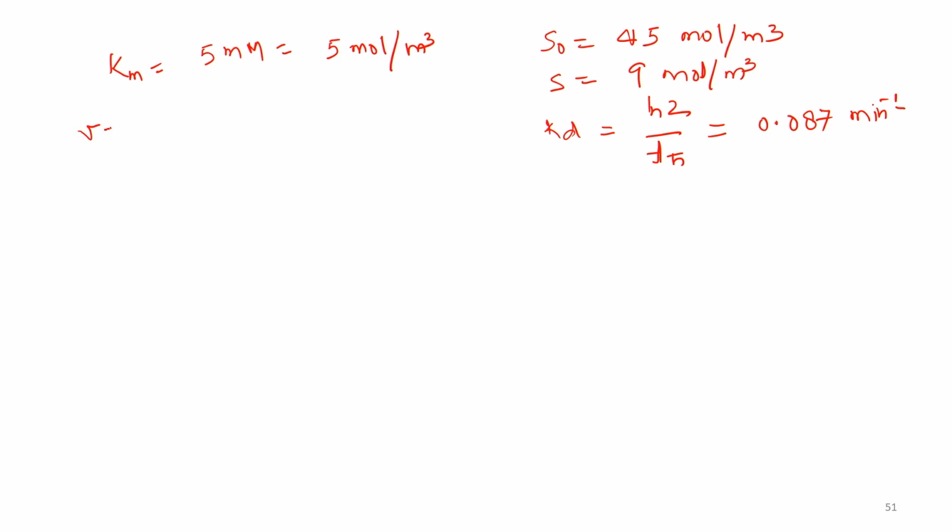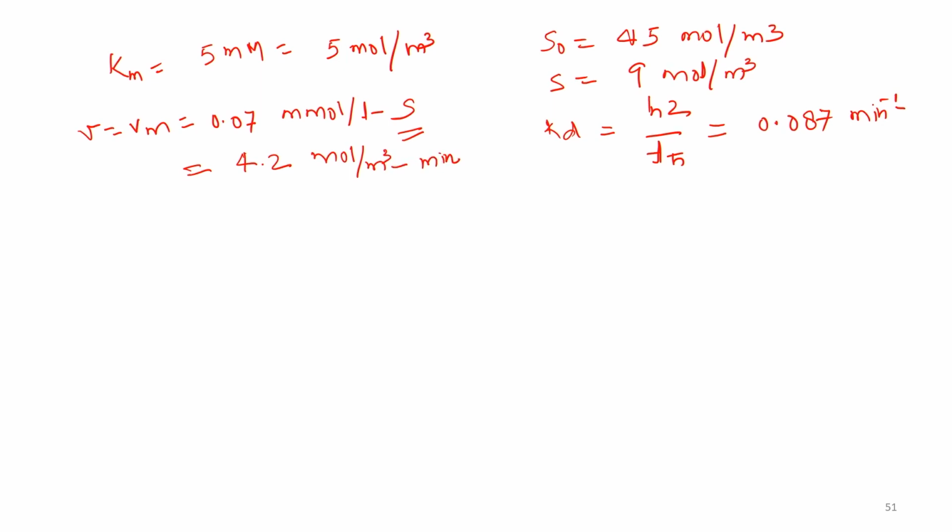Let us consider V max equals 0.07 millimole per liter per second. We can convert this into mole per meter cube per minute, so this will be 4.2 mole per meter cube per minute.